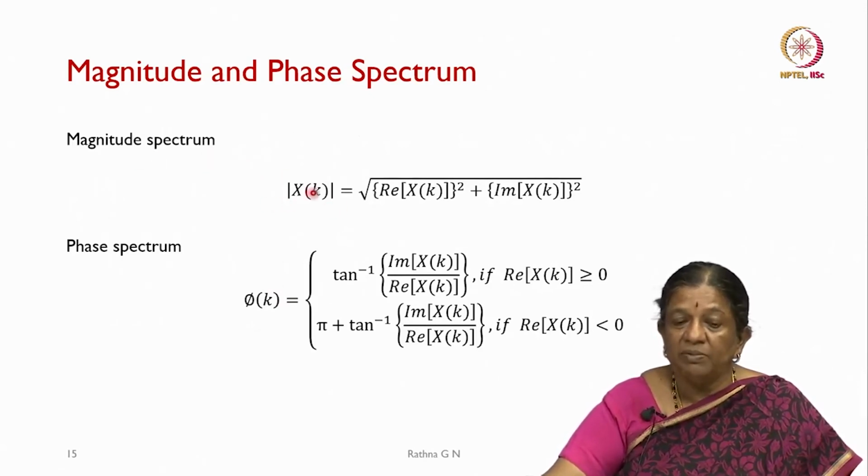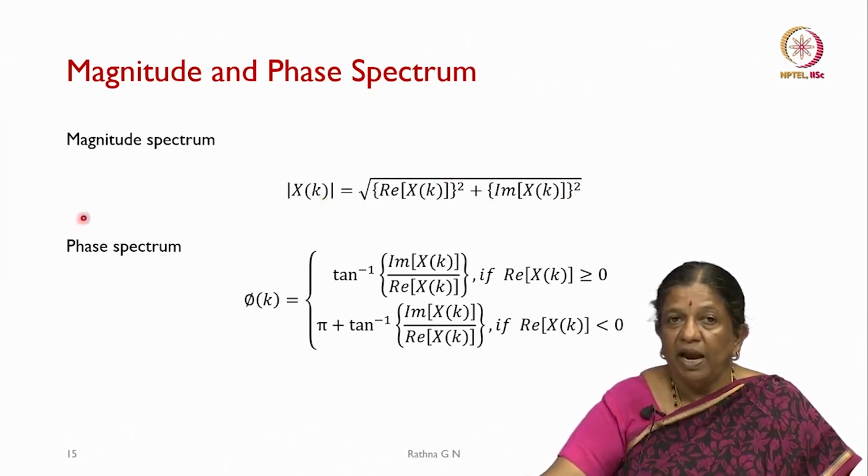We will be calculating the magnitude of x of k, which is nothing but, all of us know, the real part of x of k whole squared plus the imaginary part of x of k whole squared, under square root. So, that will give me the magnitude of x of k. And then the phase spectrum we always represent in terms of tan inverse.